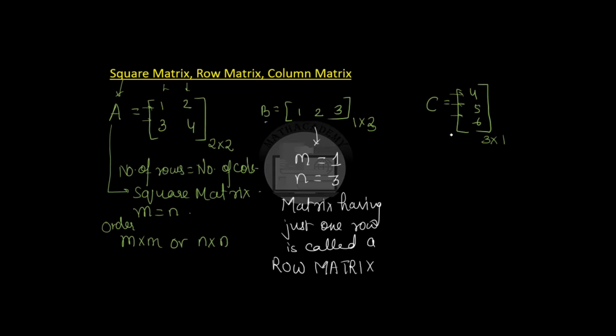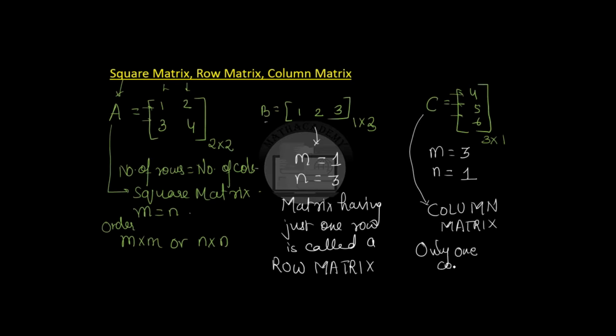There is just 1 row. And similarly, in C, the number of rows is 3, but the number of columns is 1. And hence, this C is called a column matrix, a matrix in which there is only 1 column. So I hope what a square matrix, a row matrix, and a column matrix are is clear to everyone.